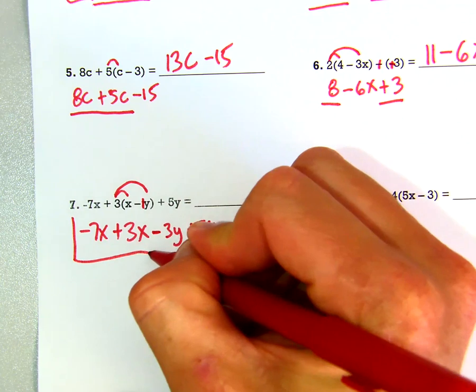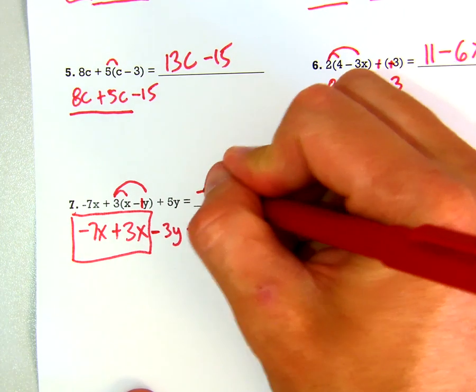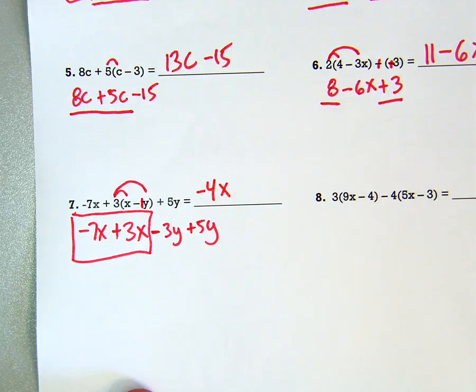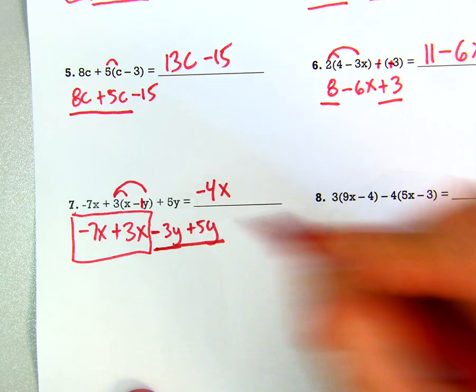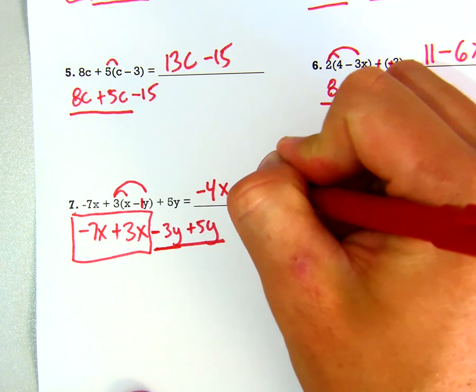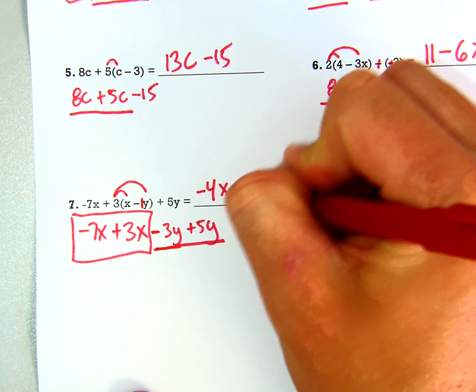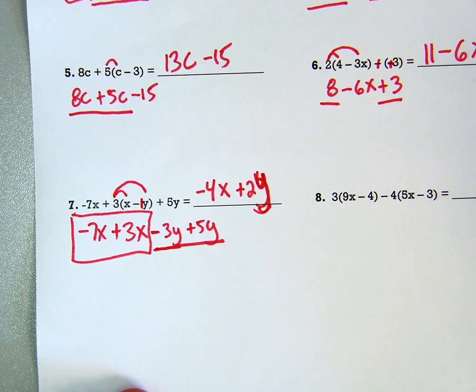Combine my like terms here. So I have negative 7x plus 3x. So negative 7 plus 3 is a negative 4x. Then I have minus 3y, or negative 3, plus 5 is going to give me an answer of positive 2y. Because negative 3 plus 5 is 2.